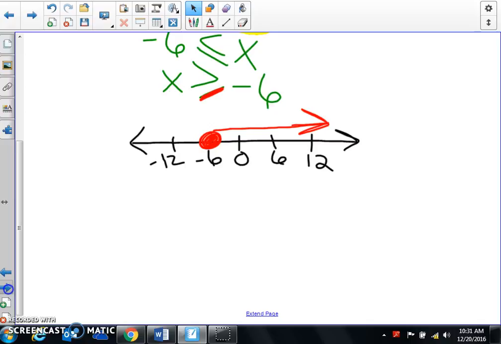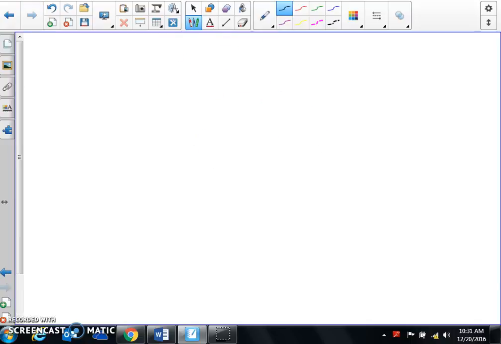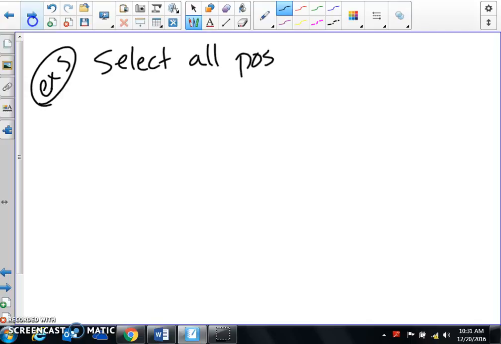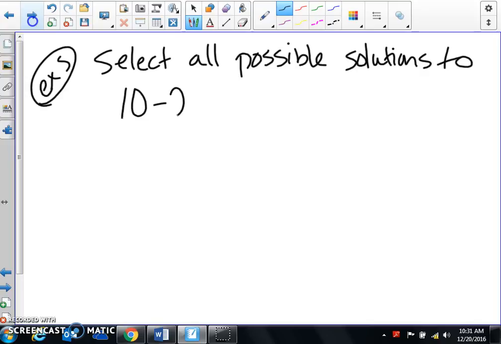Okay. One last one, because I just want to go ahead and select all possible solutions. And we'll do, I don't know, 10 minus 2m is less than negative 40.